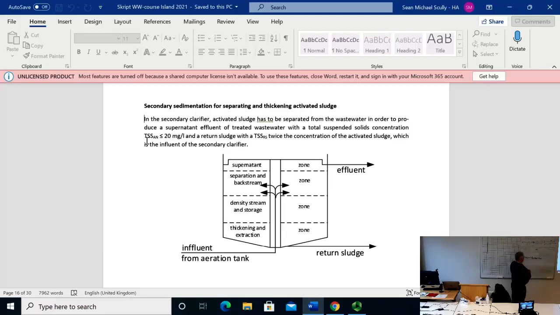We have that this is that of the secondary clarifier. And this is Q surplus sludge.